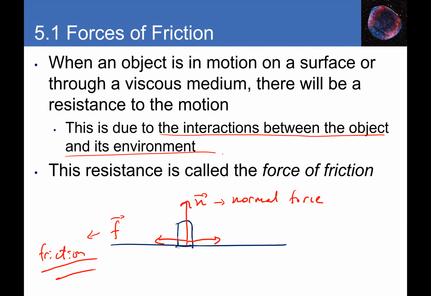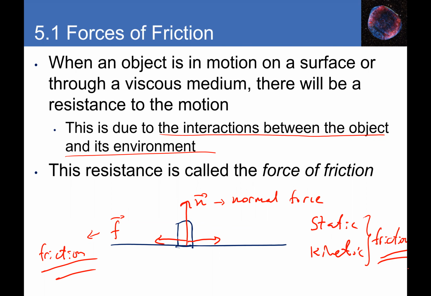All right. Now, there are two types of frictional forces. One is known as static. The other one is known as kinetic. Both of them are types of friction forces. The reason we have two types is that the surface can exert force when the object is at rest.